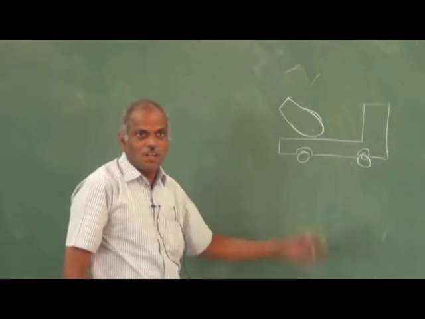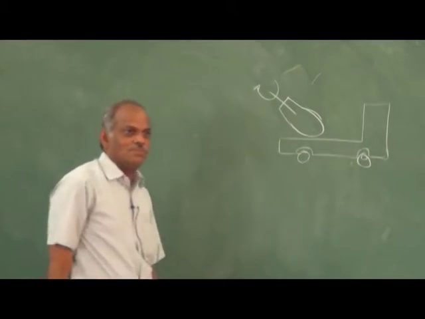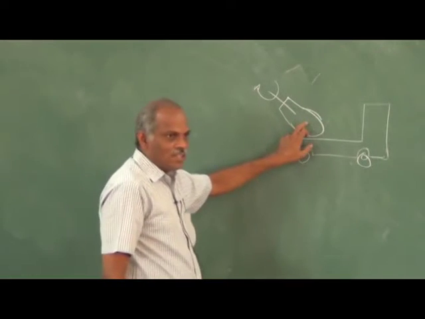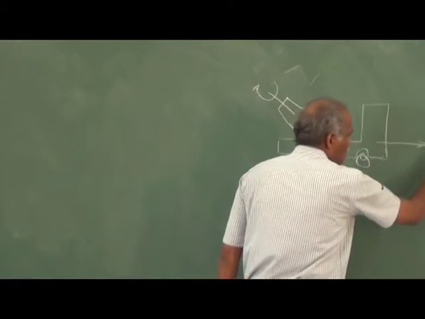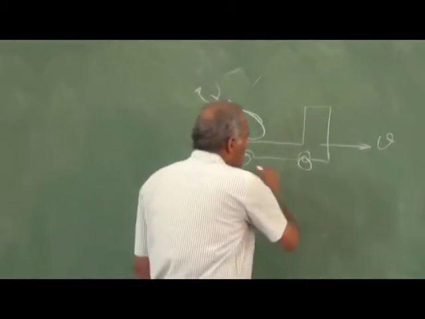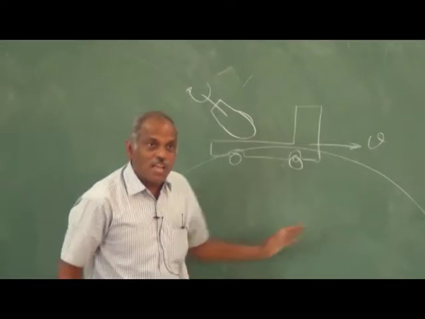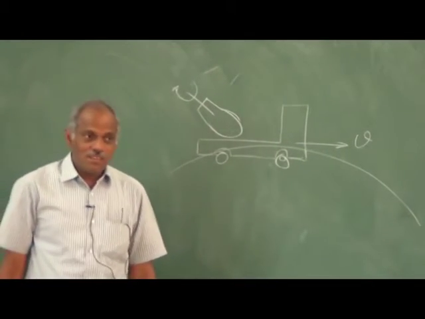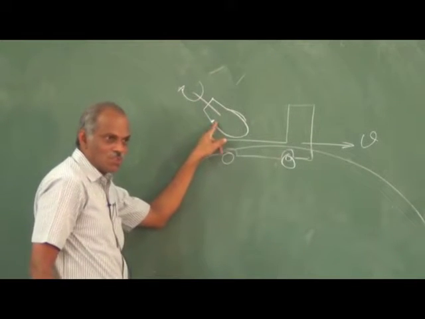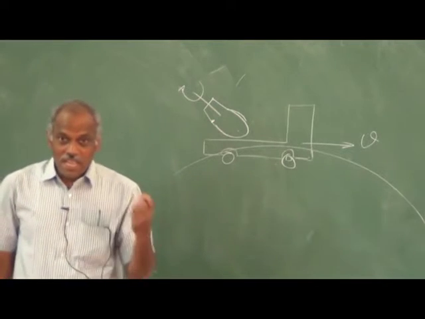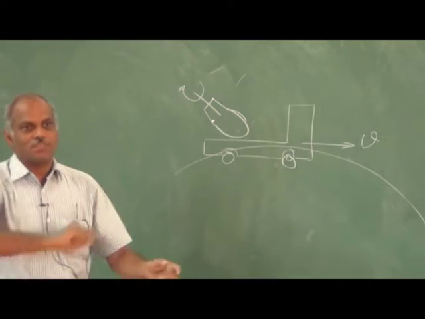You could have seen such a concrete mixer. You will see that this particular thing is rotating, and this rotating thing is placed on a truck which itself is moving with some velocity. This may be taking a turn with an acceleration. Then you can calculate the net acceleration of a point fixed to this rotating frame, or you can think of the acceleration of a small stone which is moving relative to that.